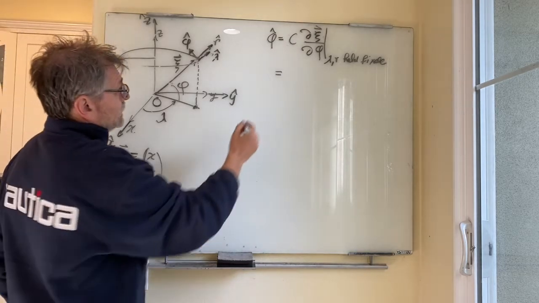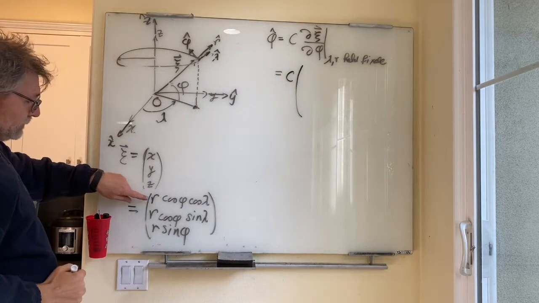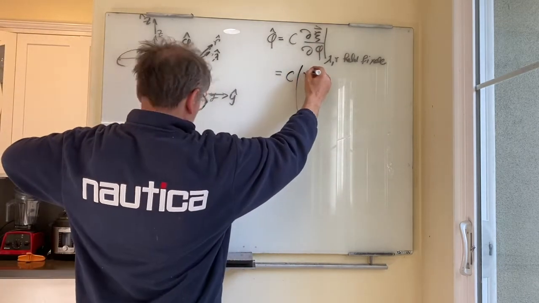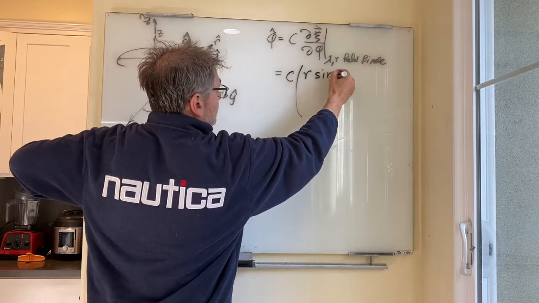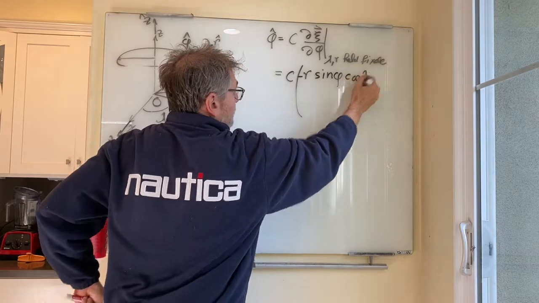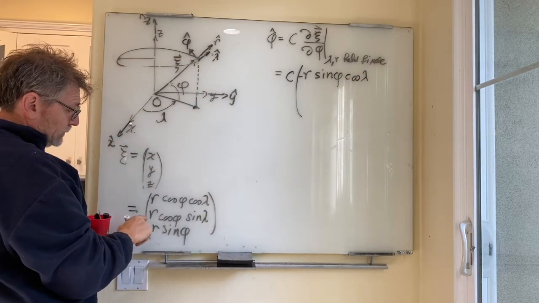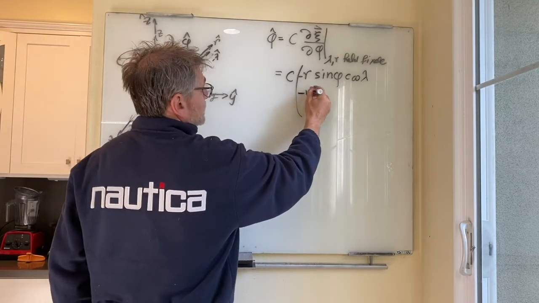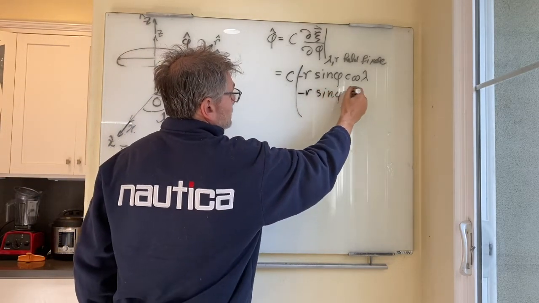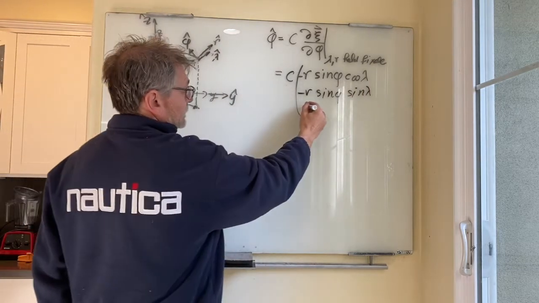If I take the phi derivative of the first term, I get minus r sine phi cosine lambda. For the second coordinate, I get minus r sine phi sine lambda. And finally, the last one will just be r cos phi.